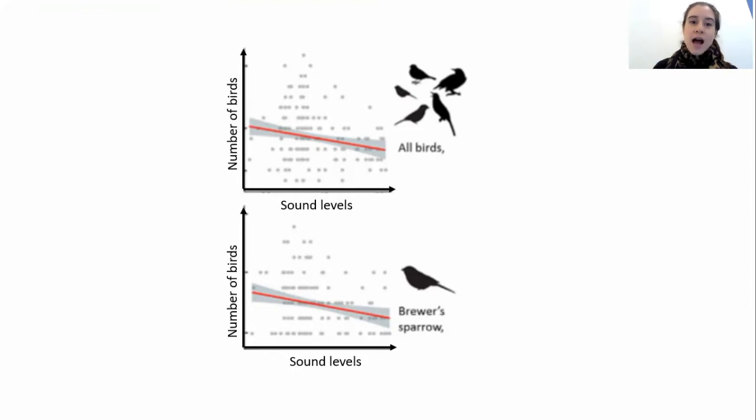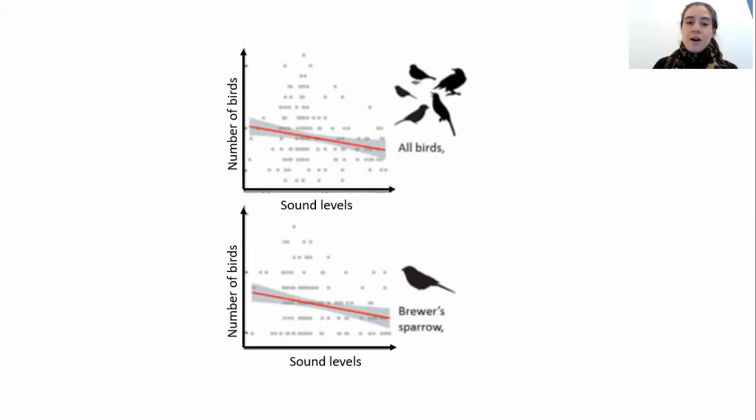So here we have on the y-axis the number of birds, and the arrow is going up. That means that as you move up, the number of birds increases. And then on the x-axis, we have the sound level, so how loud it is. In this case, as we move to the right towards the arrow, that means it gets louder.